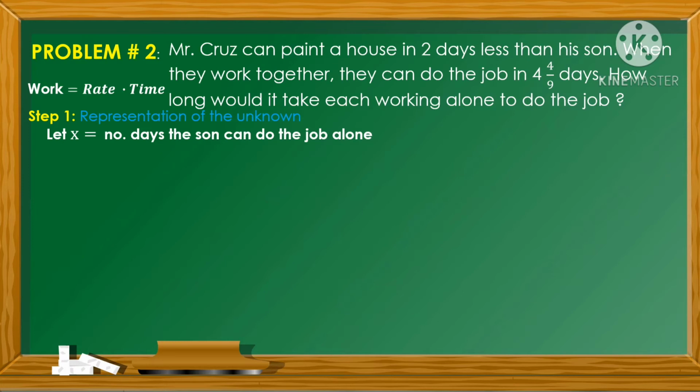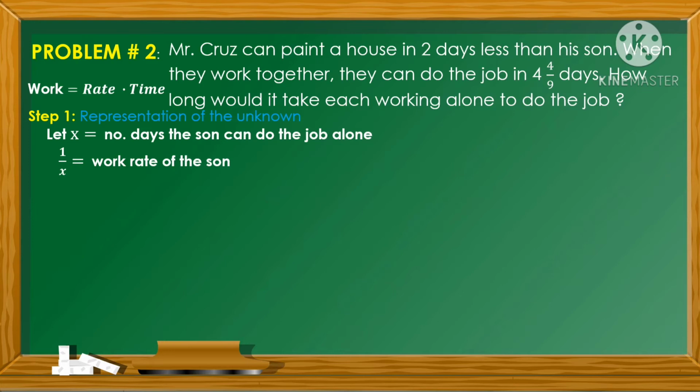Okay? So, ngayon, kukunin natin yung rate ni son. Paano ba makukuha ang rate ng anak niya? Rate, ibig sabihin yung bilis ng kanyang paggawa. So, it should be 1 over x. Bakit 1 over x? Kasi yung 1, if we are talking about work problem, it always represent a complete work. Yung number 1, nagre-represent siya ng isang complete work.